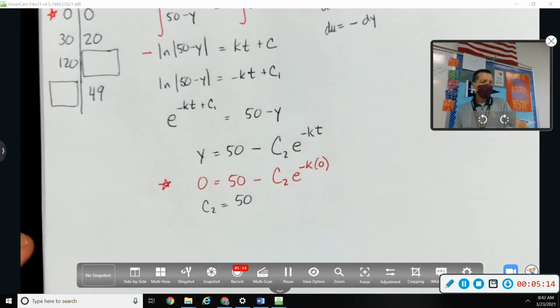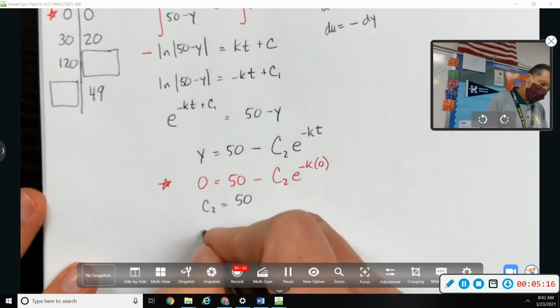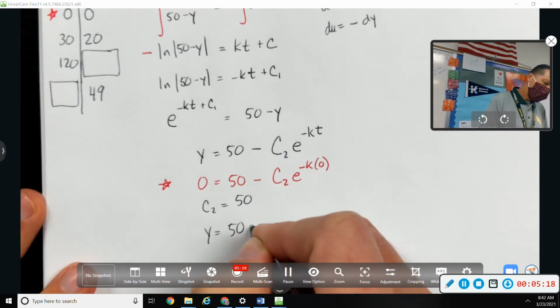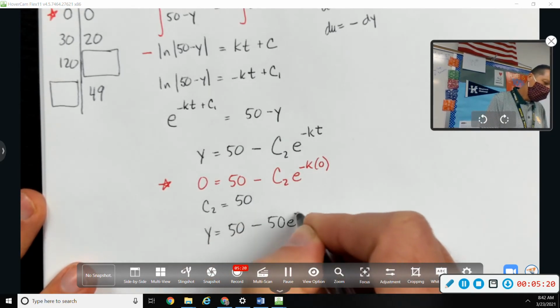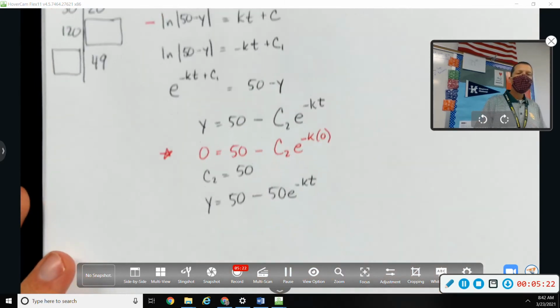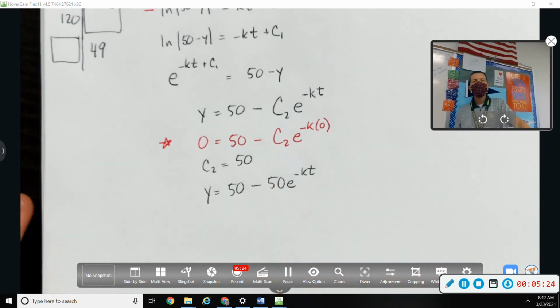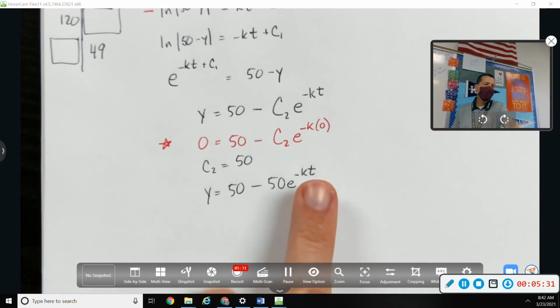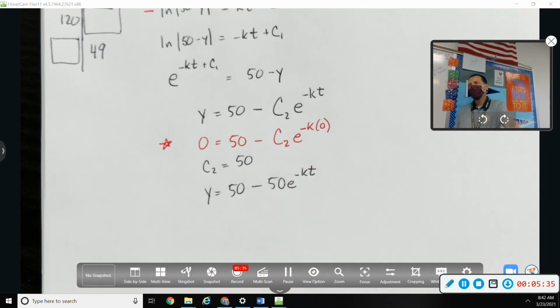So C2 has to be 50. So y equals 50 minus 50 e to the negative kt. That makes sense, because if t is 0, then we get 50 minus 50 is 0. So when time is 0, we've memorized none of the verbs.